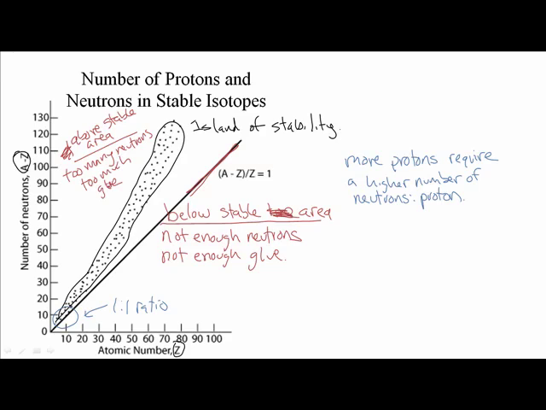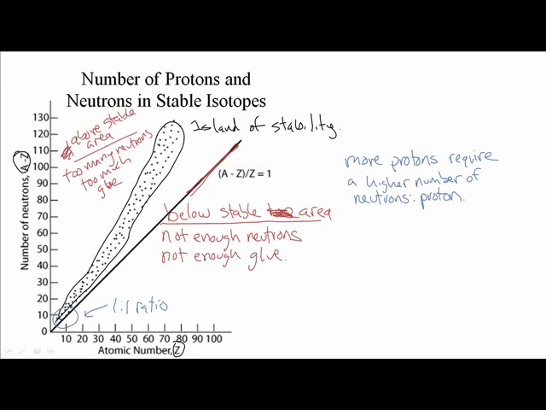So if I have too much glue in my marble and glue little piece of artwork, my art installation, I'm left with a big sticky mess that sort of falls apart, right? So above the island of stability, too many neutrons, too much glue, it'll fall apart. Below, not enough glue, the positive charges will push each other apart.